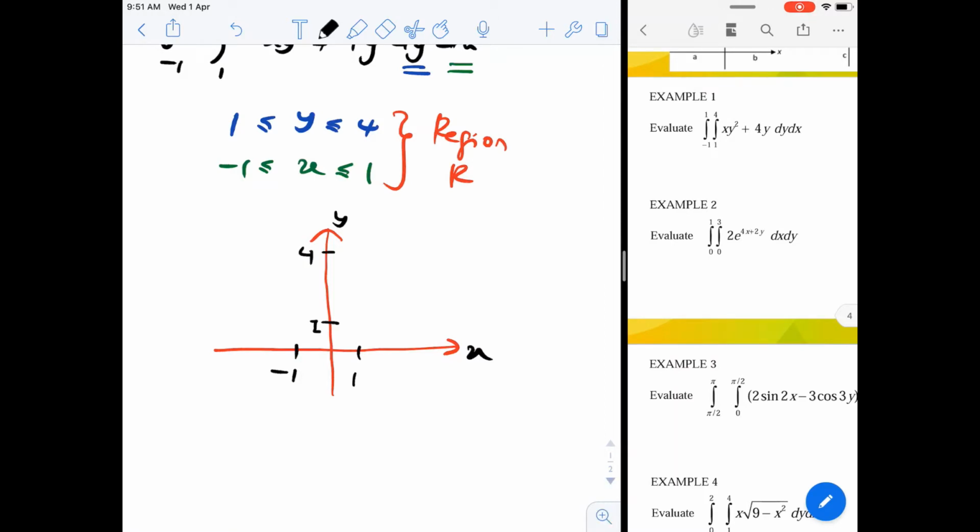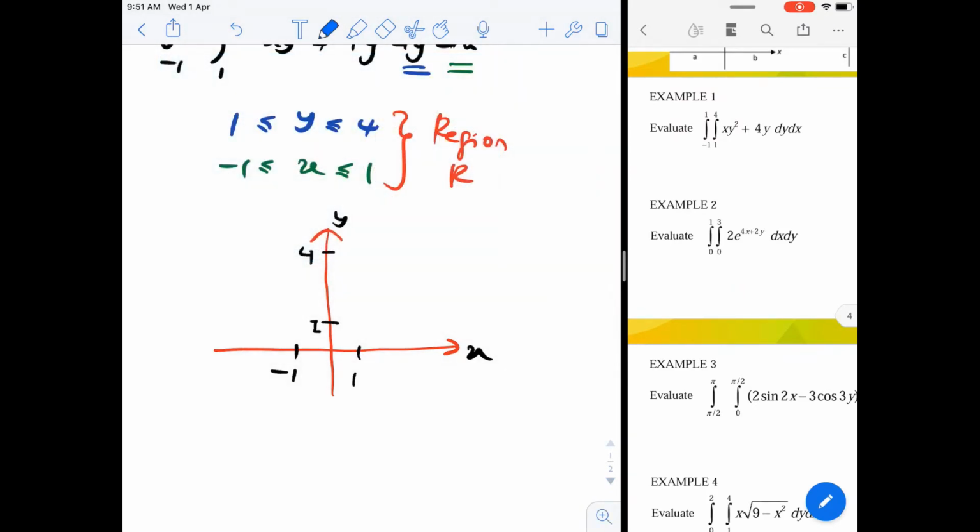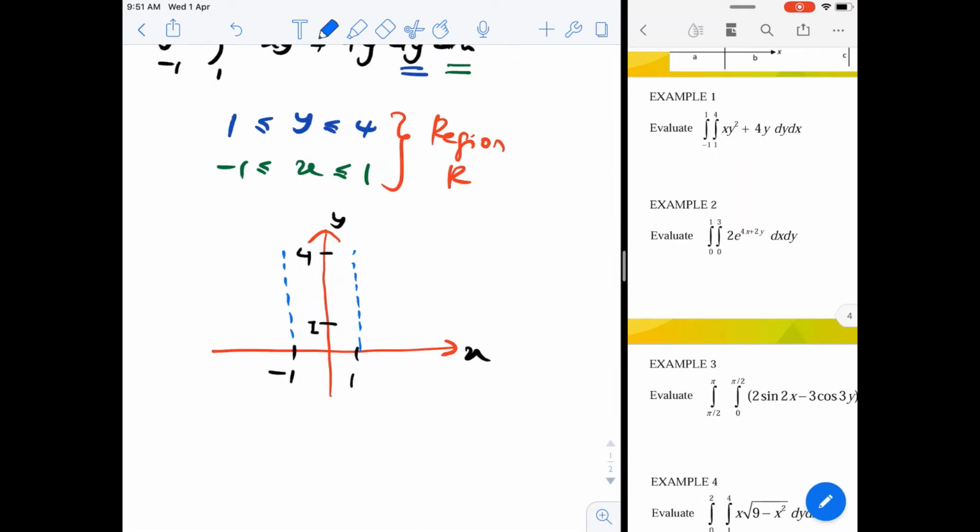Okay, so we will have this region, negative 1 until 1, and then 1 until 4. So now, yes, we have this region, right? The rectangular region. So this is our region R.